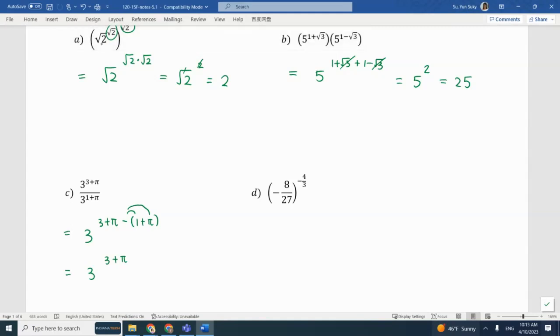It becomes minus 1 and minus pi. The plus becomes minus. The pi's cancel. Exactly. 3 to the second, which is 9. Good.